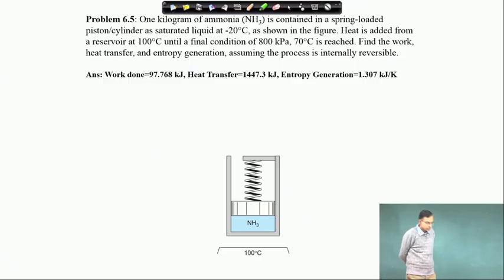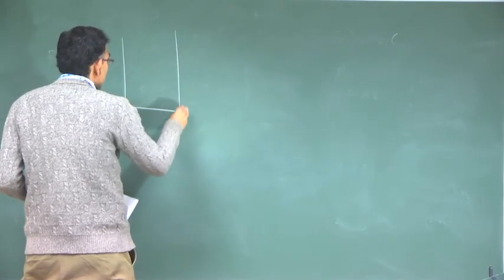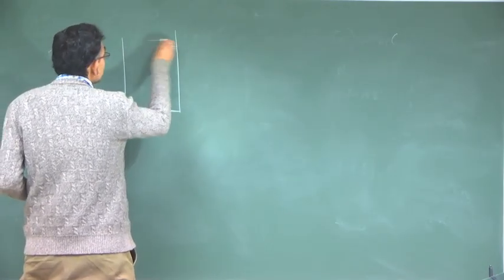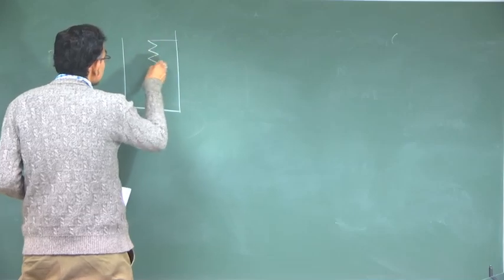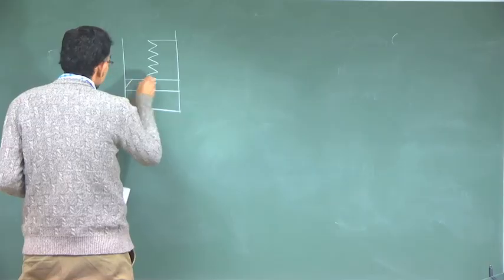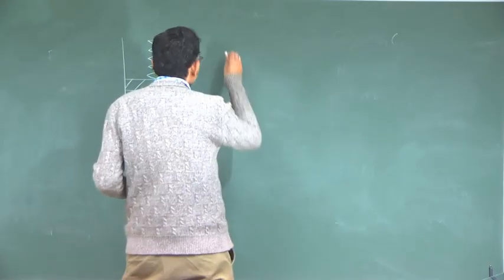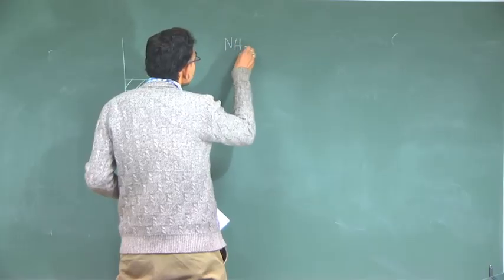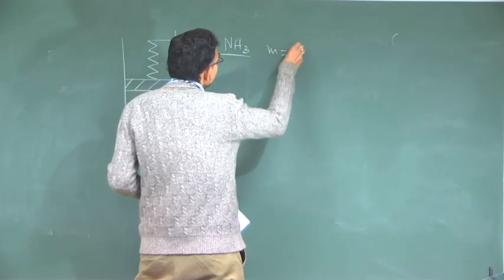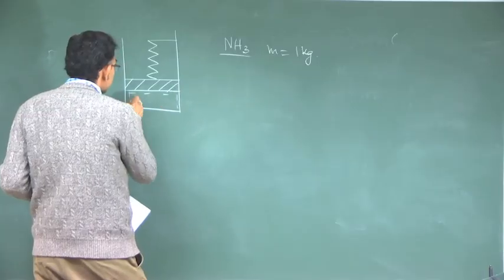Okay. So, you have ammonia, M is equal to 1 kg. This is our system.